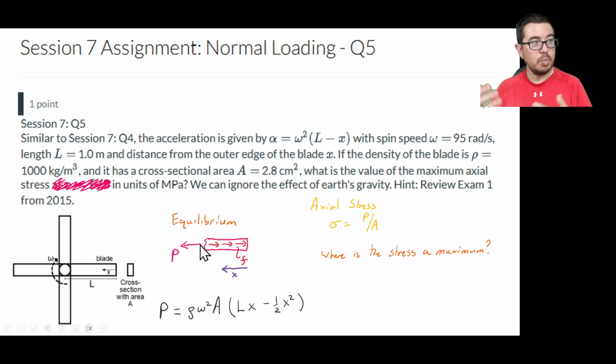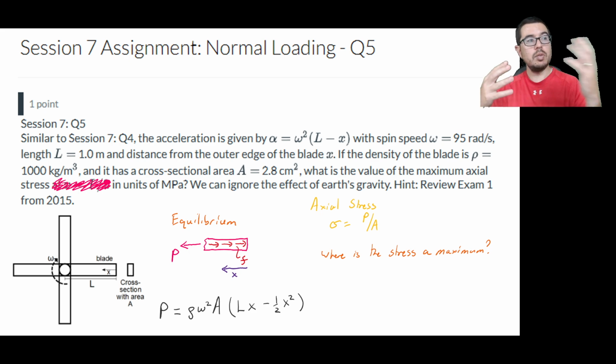And so the internal P, this is external, and this is internal, is going to be 0. But as we move from right to left, and x is getting larger and larger, meaning that we're getting closer and closer to the center of rotation, we see that this external distributed force is going to be acting over a longer and longer section. And so the force P has to also be getting larger and larger.